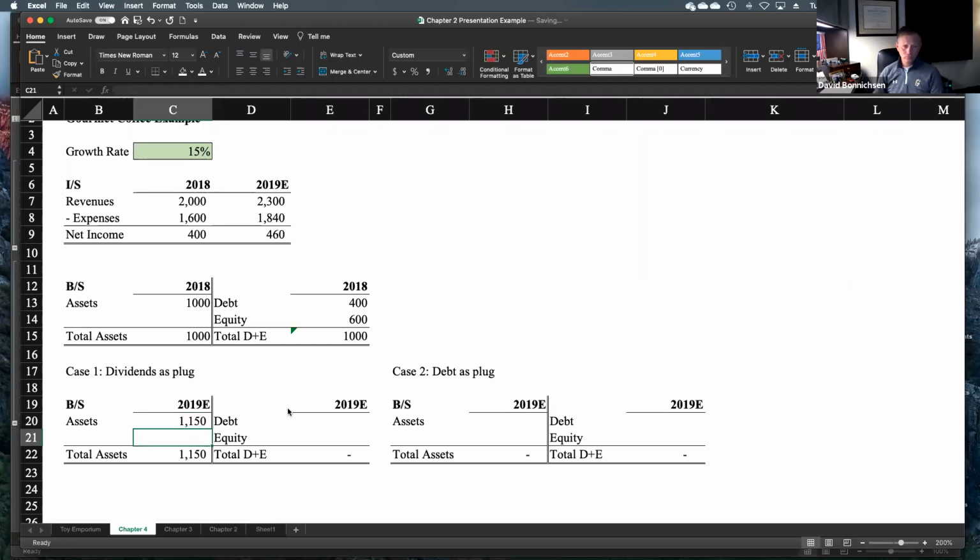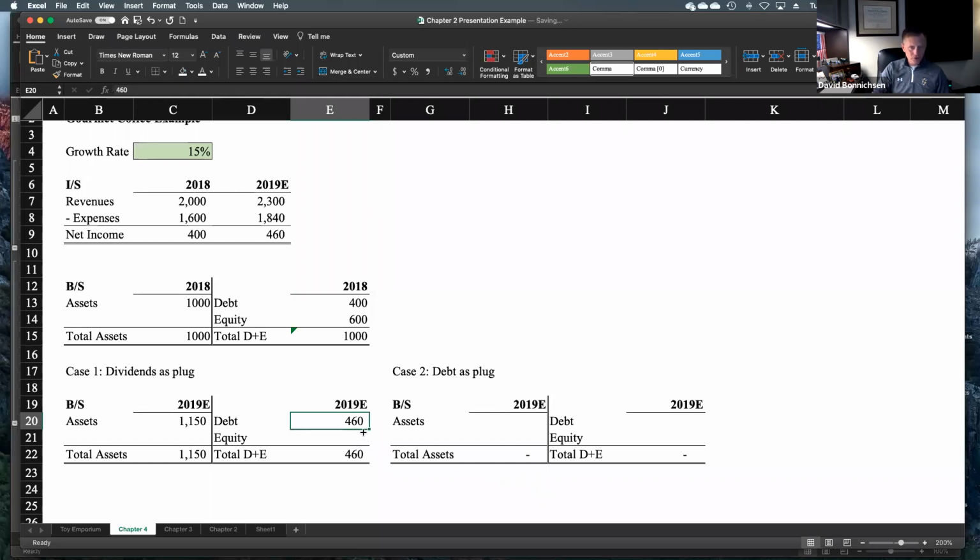So now we know that our assets side is a total of $1,150. If our debt also goes up by 15%, we go from 400 to 460, because we started with 400 and go up by 15%.